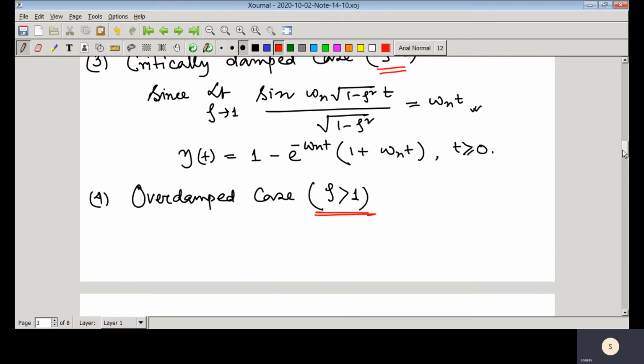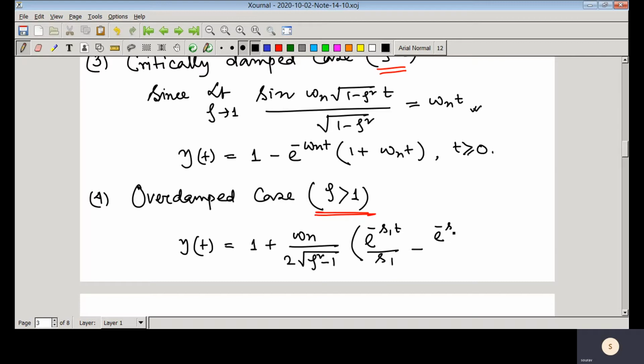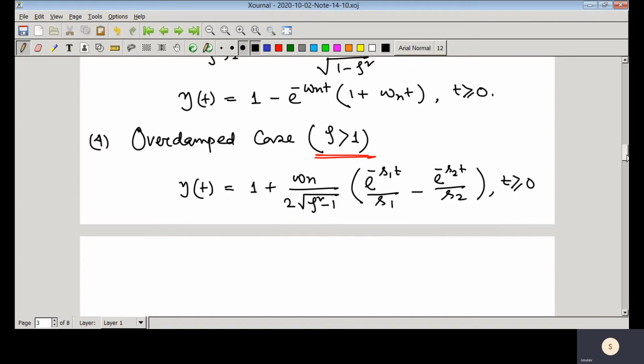If you apply the Laplace transform and inverse Laplace transform, you will get this expression. I am just writing that expression: y(t) equals 1 plus omega n by 2 square root of zeta square minus 1, where zeta is greater than 1 and you have two poles. One is e to the power s1t divided by s1 minus e to the power s2t divided by s2, and of course this time expression is valid when t is greater than or equal to 0.